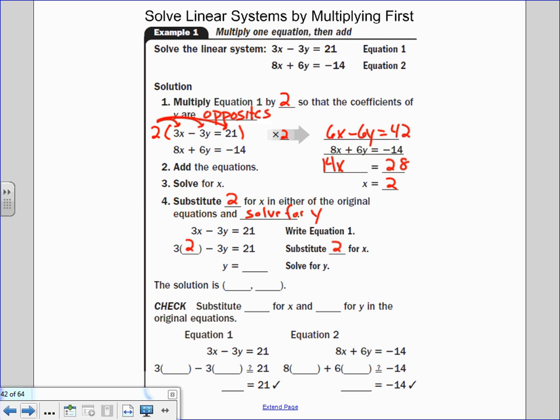I'm just going to pull it off to the side here so we have room to work it. 3 times 2 is 6. So I have 6 minus 3y equals 21. Subtract the 6. I get -3y equals 15. Divide by -3, and we get y equals -5.